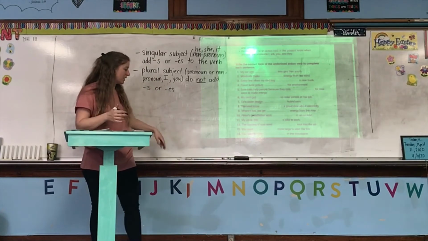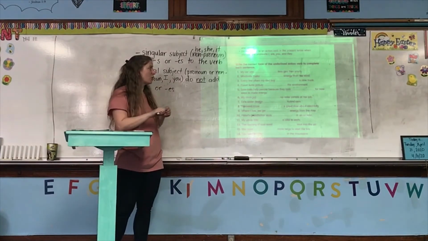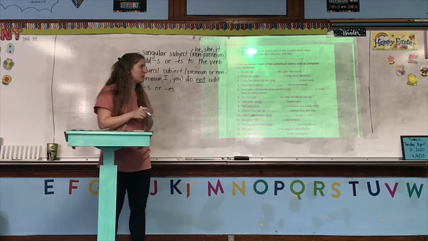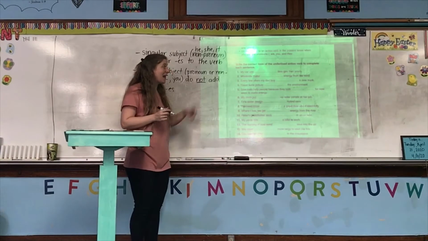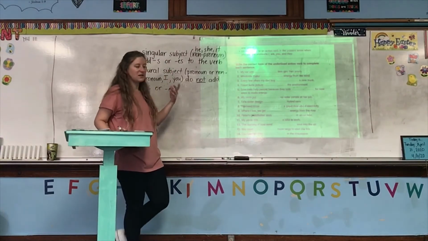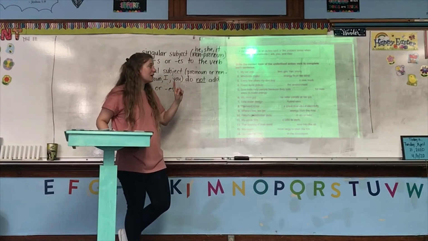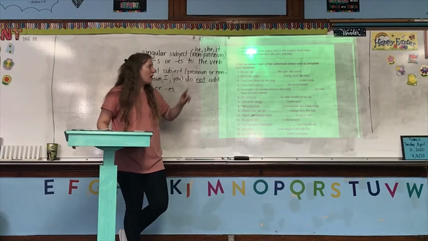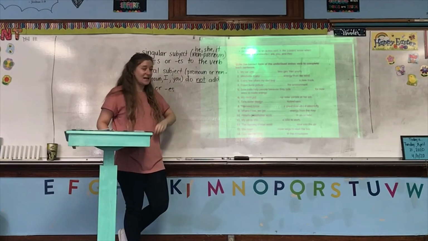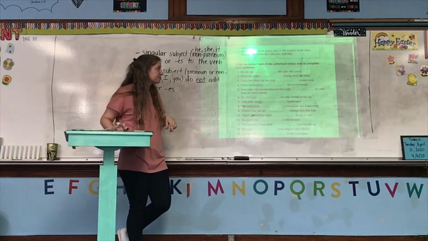So now the directions say write the correct form of the underlined action verb to complete each sentence. We're going to add an extra instruction. If the subject is not a pronoun, so if it is a regular noun, right above it we are going to write a pronoun to replace it.